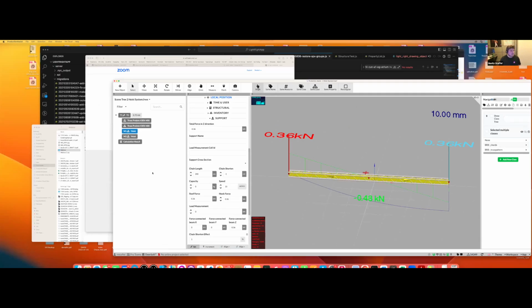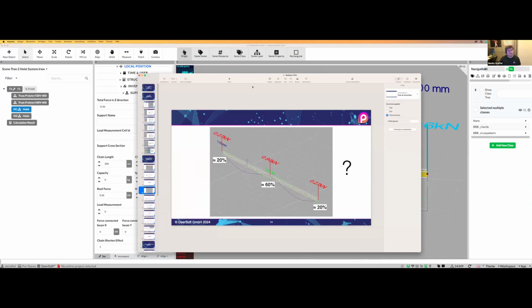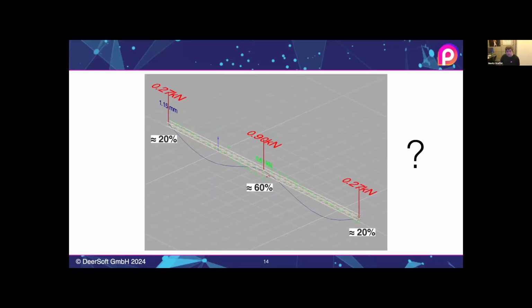Now let's move a little bit more forward. What we have here is a truss system with 3 hoists. Normally what we hear when we ask how people are doing this and how they think the load is distributed is that they say 20% each goes into the outer points and about 60% goes into the middle one.